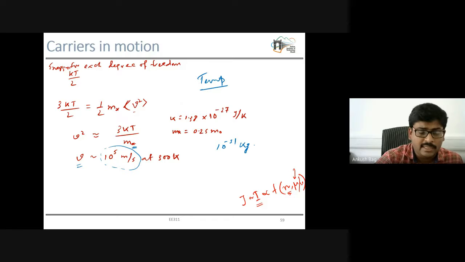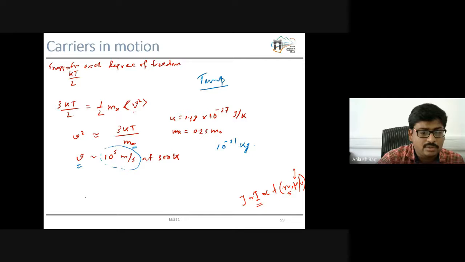From here we understood in the last class that at a certain temperature, the carriers, the electrons or the holes, are moving very fast within the semiconductor. But remember, this speed or velocity will not lead to any current.